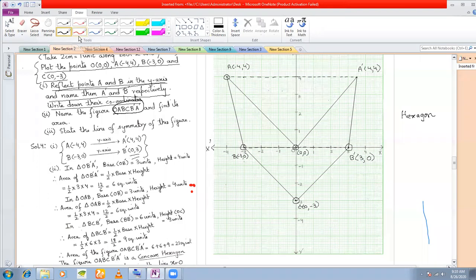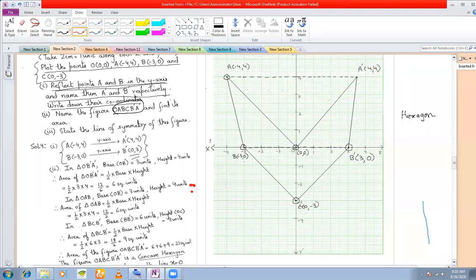You see, in class 8, I taught you convex and concave hexagon. If you remember very clearly, when I started the chapter on polygons, I had defined convex polygon and concave polygon. In a convex polygon, all the interior angles are less than 180 degree. But in a concave polygon, at least one angle is greater than 180 degree.